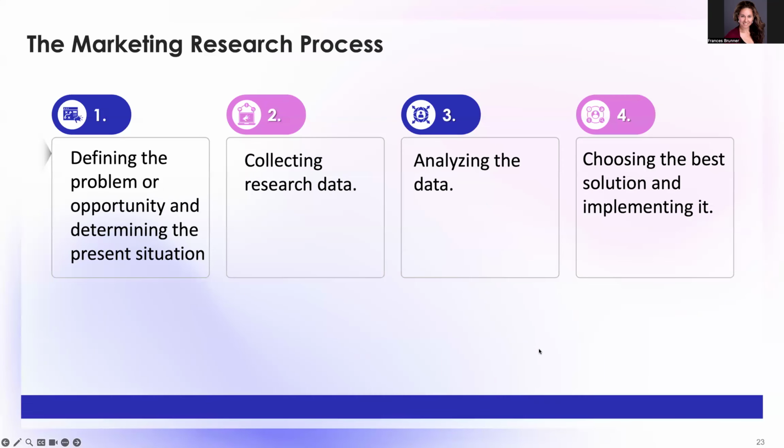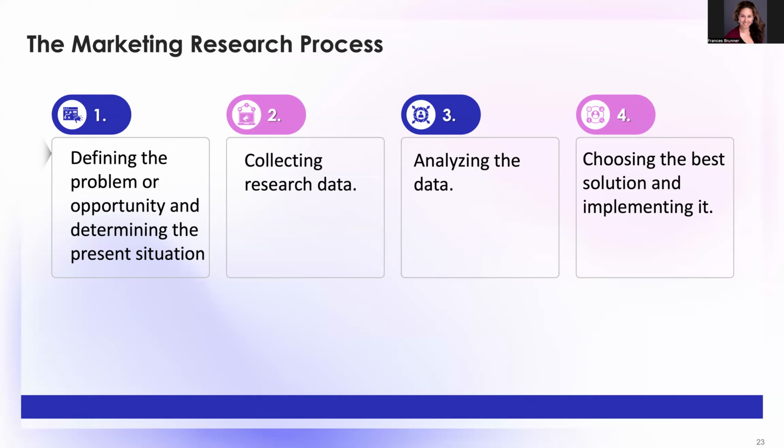The marketing research process is as follows. First, you want to define the problem or opportunity in the situation. Secondly, you want to collect either primary or secondary data or both in order to tailor to the customer. Third, you want to analyze the data.